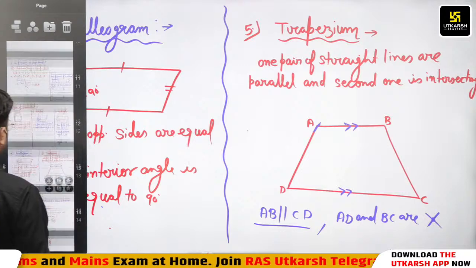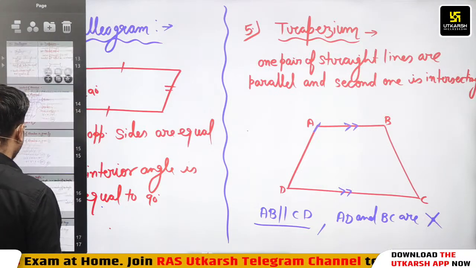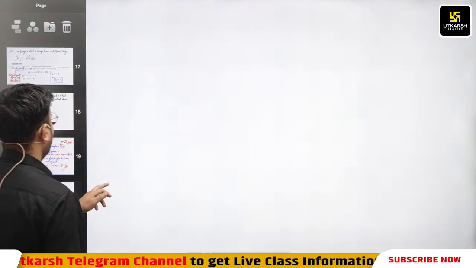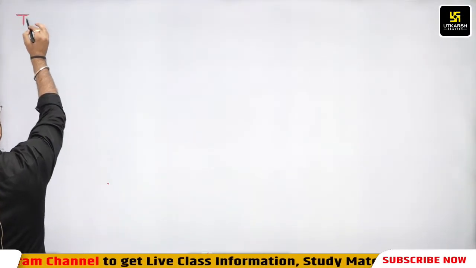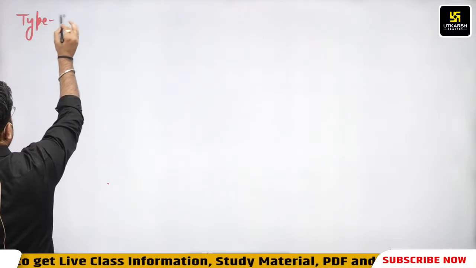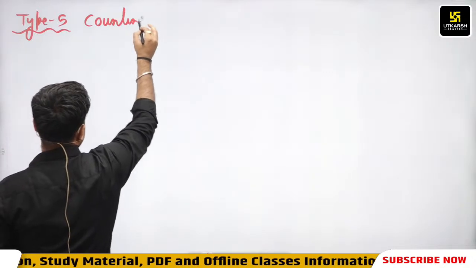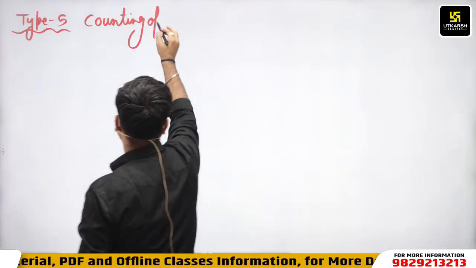So now we are going to discuss type number 5, that is the counting of parallelogram.